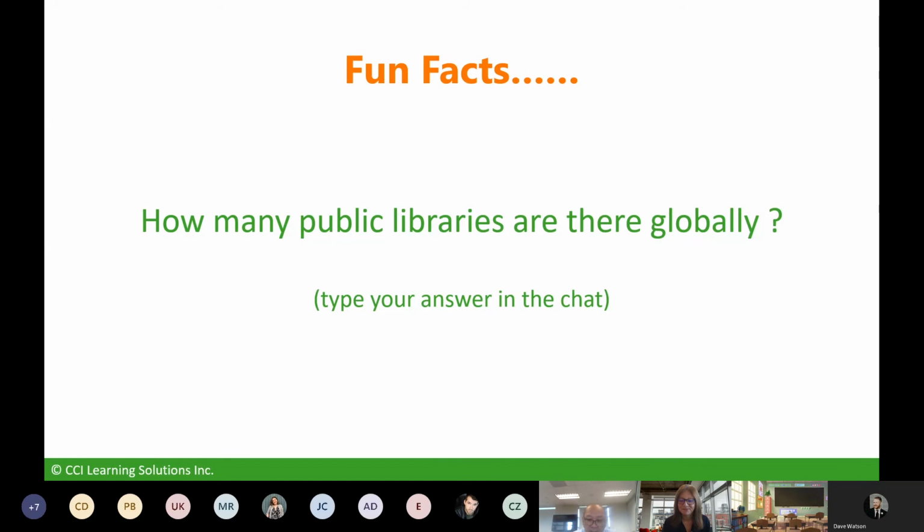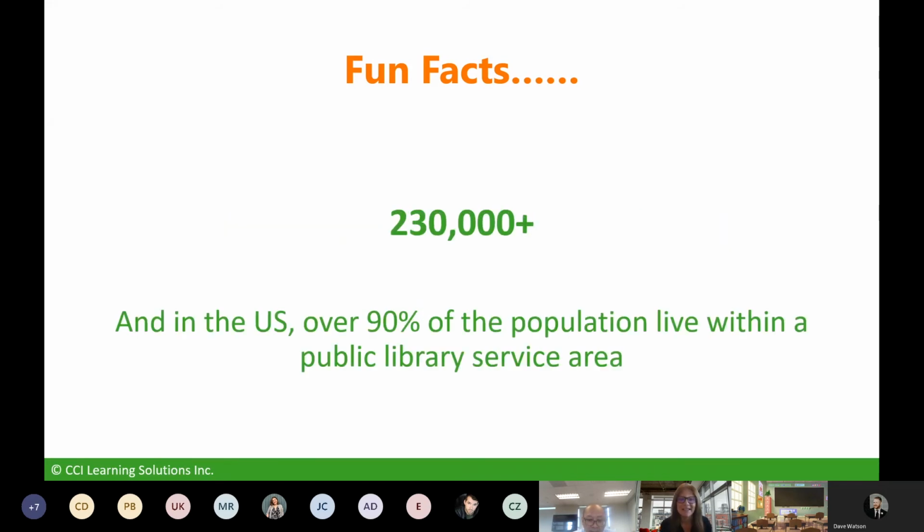Okay, so we've got some people answering here. That's fantastic. So there are over 230,000 public libraries globally. Think about that for a minute. 230,000 public libraries.